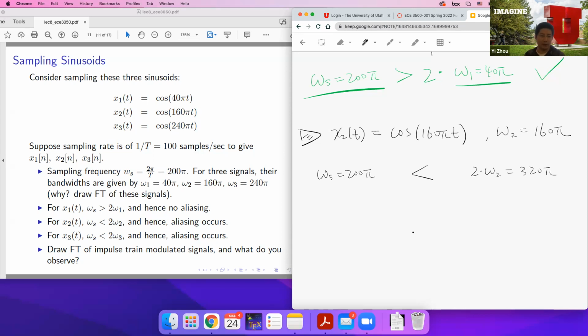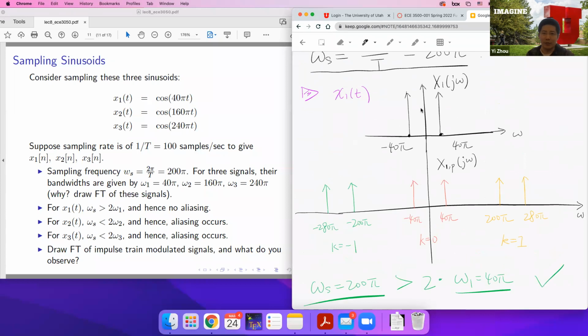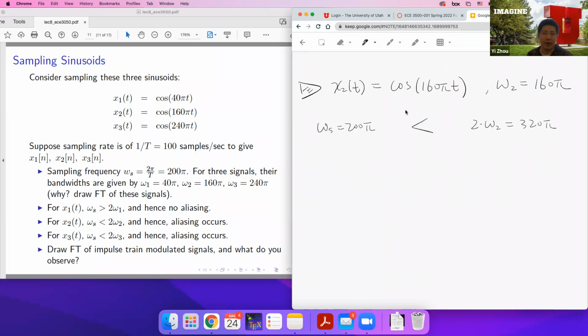And next, let's visualize what happens in the sample signal in the spectrum domain. So first of all, we follow exactly the same steps as we did in the x1(t) example. We first plot the spectrum of x2(t), and this is very simple. Again, it's a pair of impulses in the frequency domain.